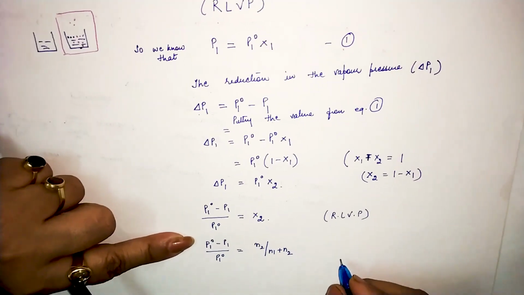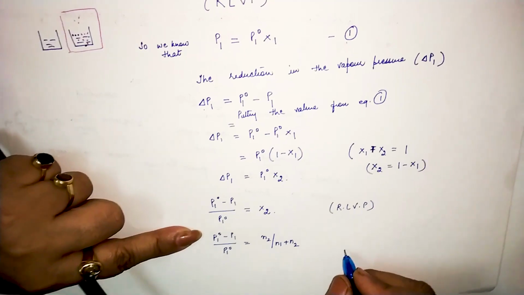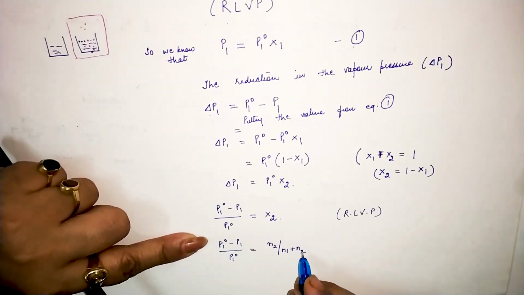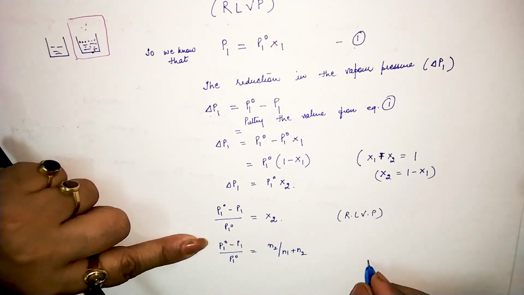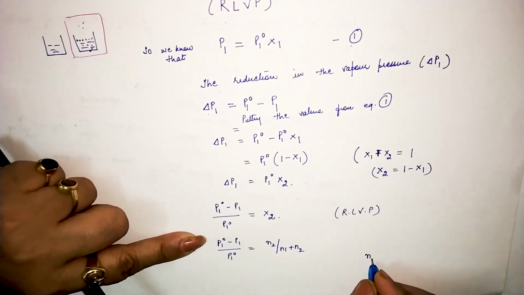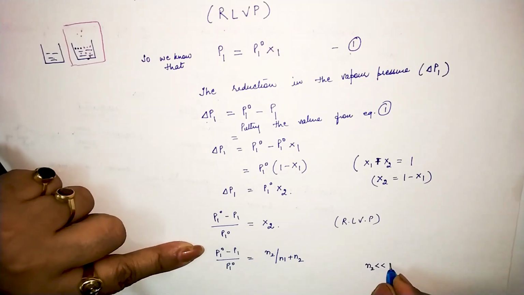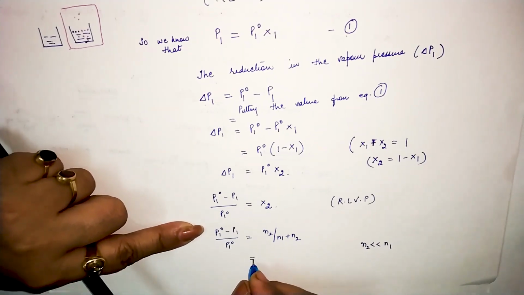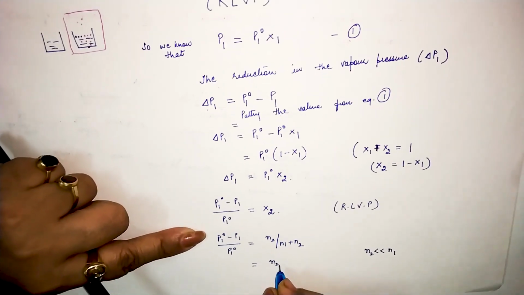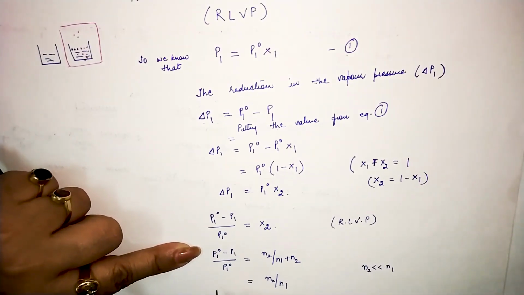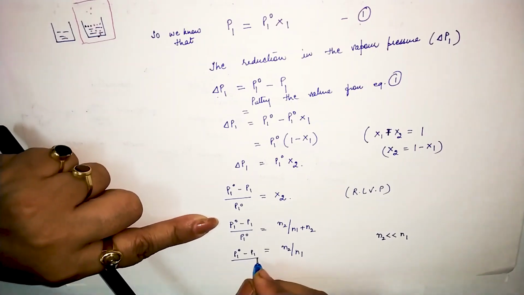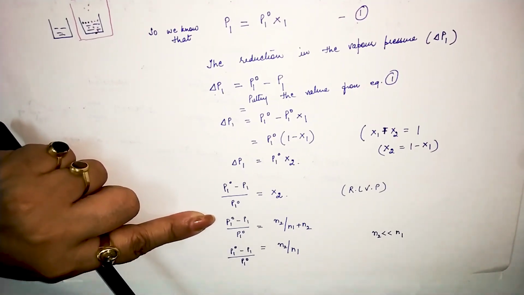Now from the law of dilution, when this solute is very very small, we can neglect it from the denominator, as it is very very small in comparison to N1. In that case, our equation becomes N2 upon N1 equal to P1 naught minus P1 upon P1 naught.